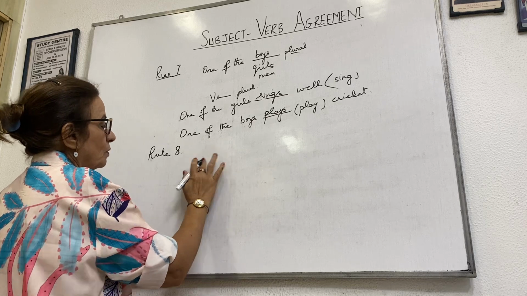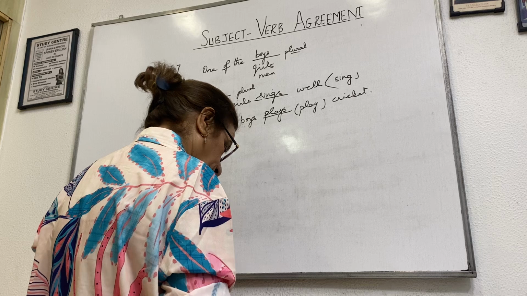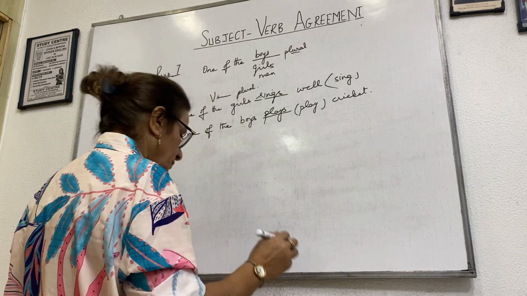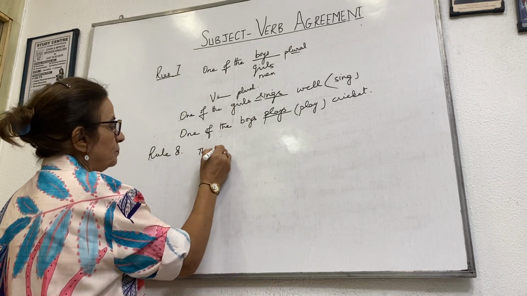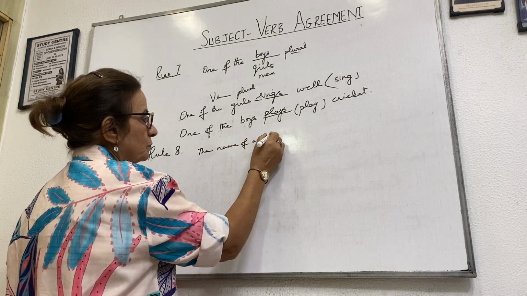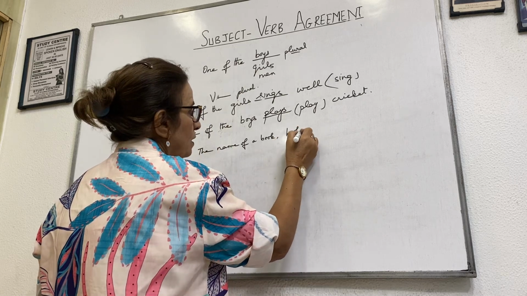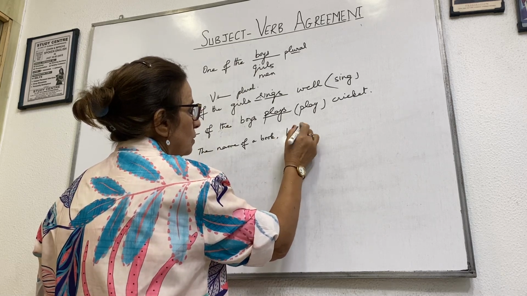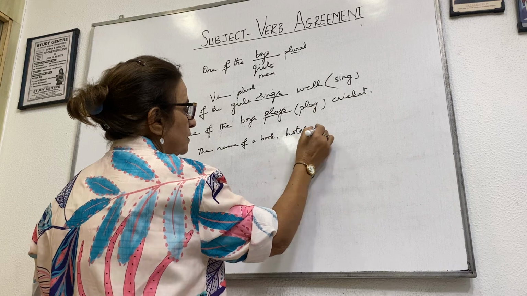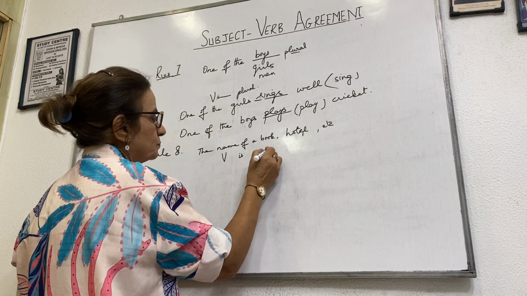For example, rule: the name of a book or hotel, etc. Verb is singular.